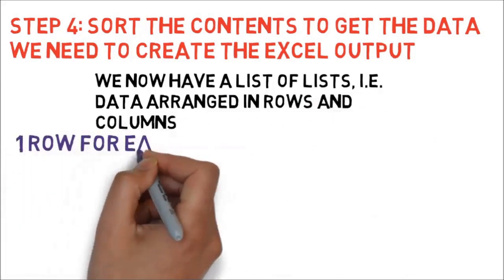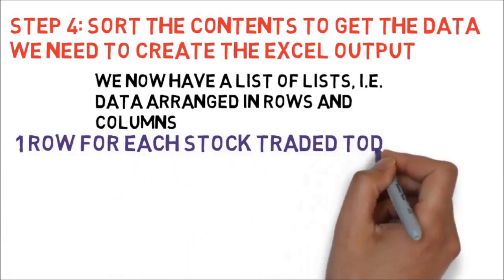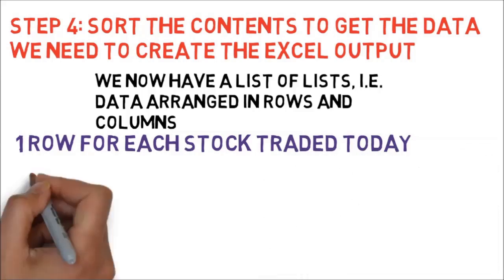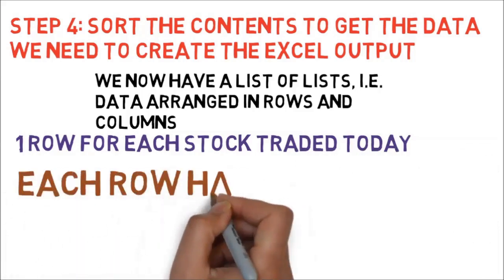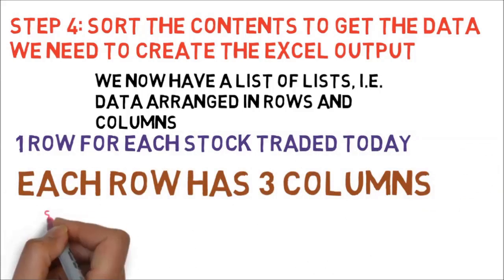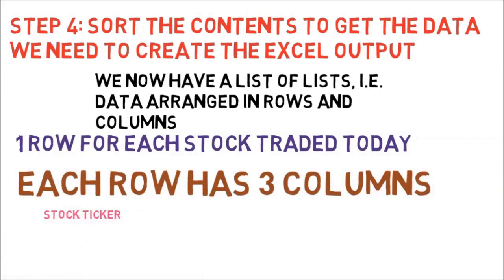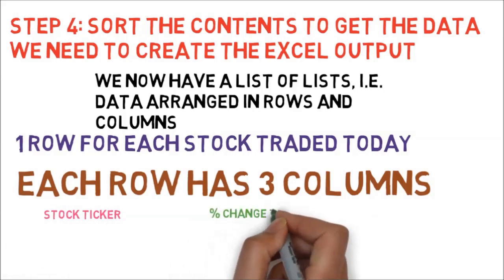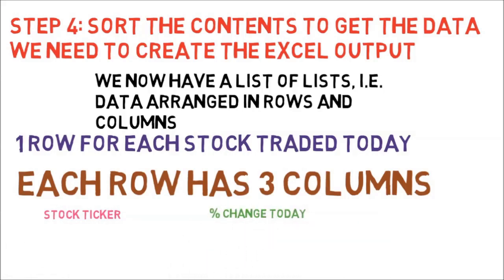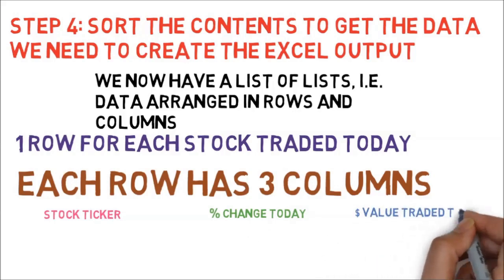The row is representative of one stock ticker or each stock which was traded today. And each row has 3 columns. These are the data points that we cared about. The stock ticker's name, the percentage change in the price of the stock, and the value of the stocks that were traded today.